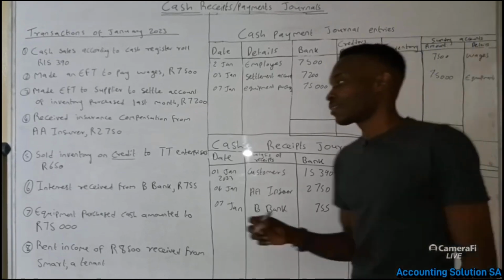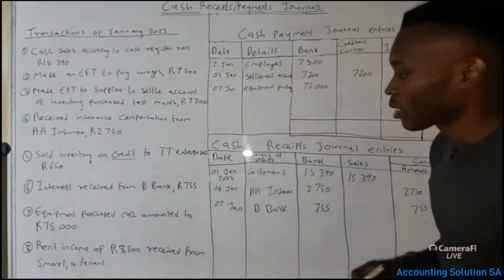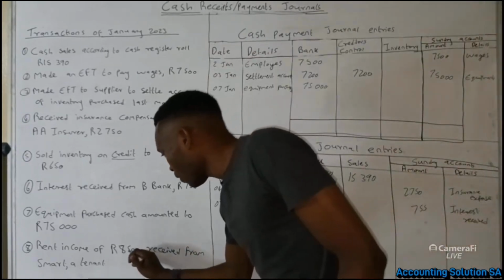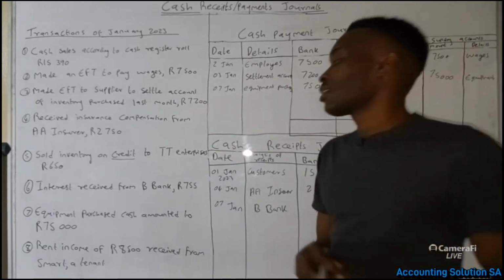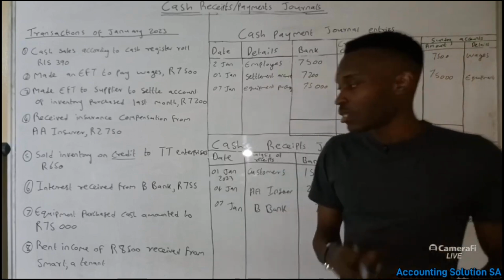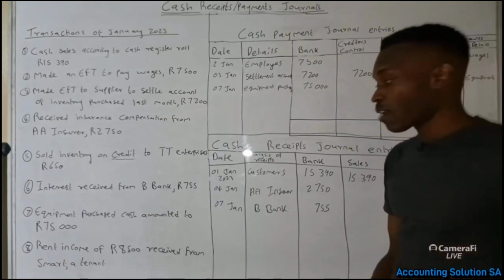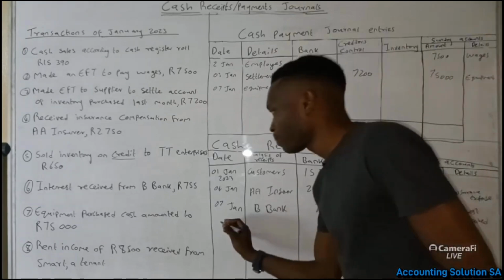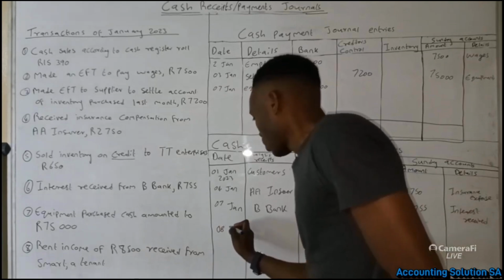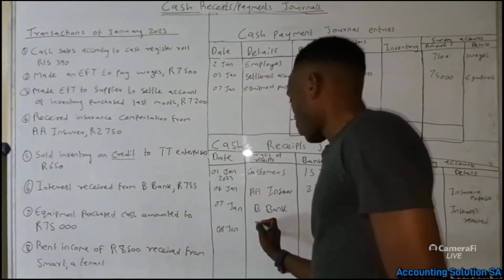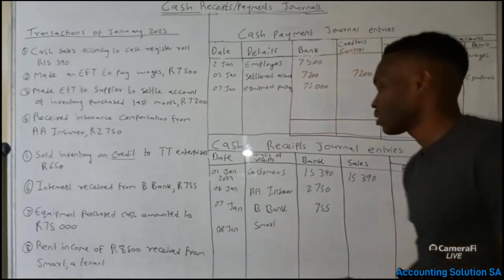Simple as that, guys. Okay, then the following one, a rent income of 8,500 received from Smart, a tenant. We receive a rent from a tenant called Smart, which means that our cash receipt is going to be affected because we receive cash. Okay, we receive cash on 8 January from Smart, or you can just write a tenant, is fine.